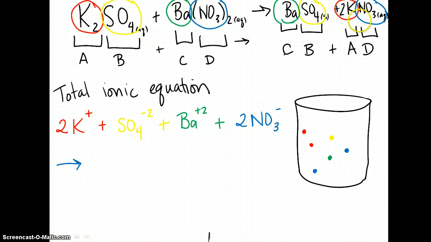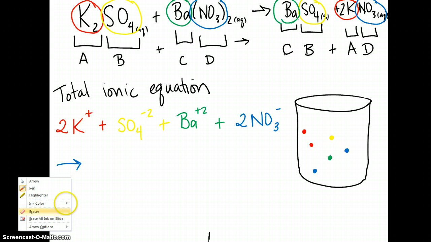Now let me look at the next one, nitrates. If I look at my chart, I look for nitrates. They seem to be in the soluble compounds, and regardless what they combine with, they will always be soluble. There are no exceptions. So it's only this one that's going to be a solid. That means that our drawing is actually going to look like this.